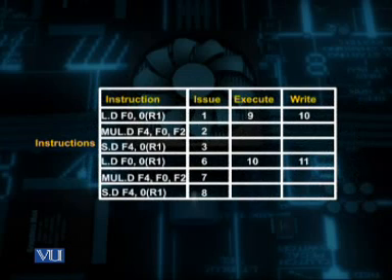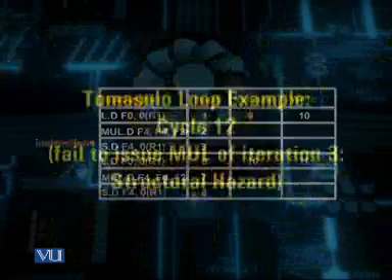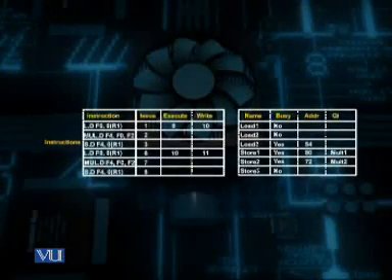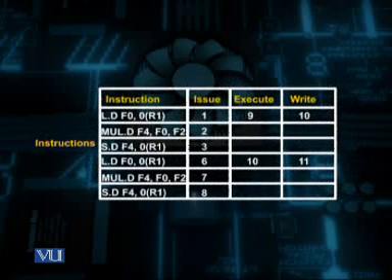Then in the 11th clock cycle, the second load instruction will write its result into the destination register. The first multiply instruction still has 3 clock cycles to go for completion, whereas the second multiply instruction, in the second loop, still has 4 clock cycles to go. Similarly, in the 12th clock cycle, the first multiply instruction still has 2 clock cycles to go, and the second multiply instruction has 3 clock cycles to go.